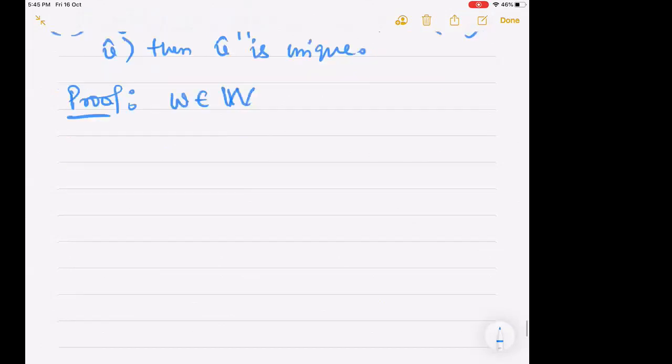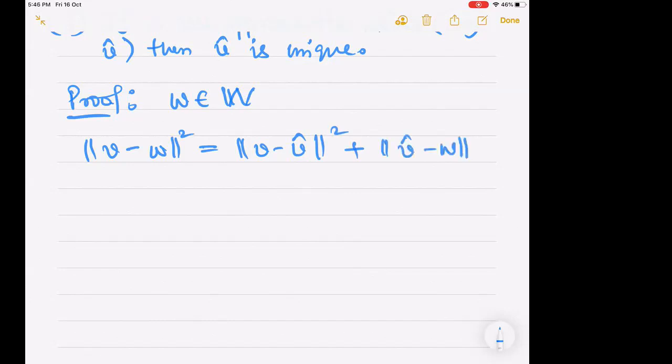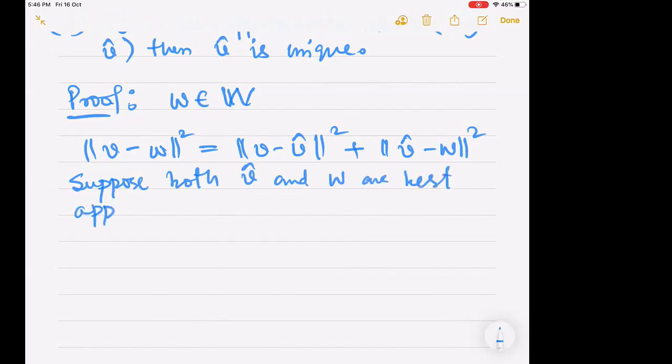We have already seen this inequality: the norm squared of v minus w is equal to the norm squared of v minus v hat plus the norm squared of v hat minus w. Now, suppose both v hat and w are best approximations.